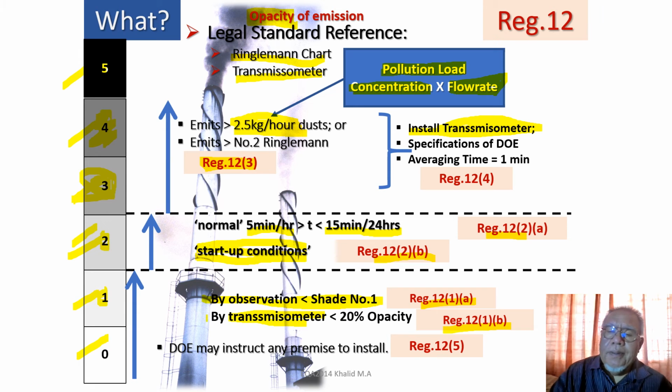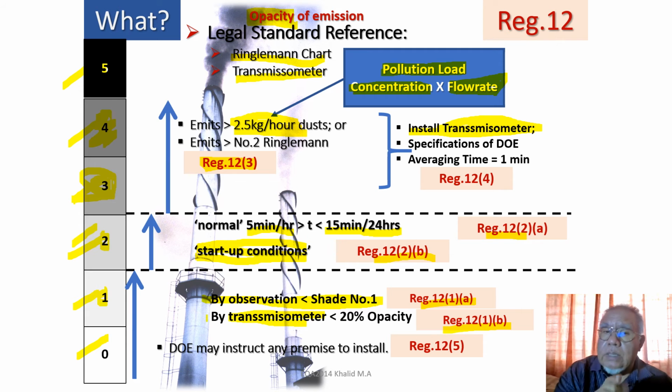CEMS is another version of transmissometer, continuous emission monitoring system, that is not only able to measure opacity but will be able to give you the dust load. However, dust particulate, total particulate matter is part of this regulation as well. We'll come to that.